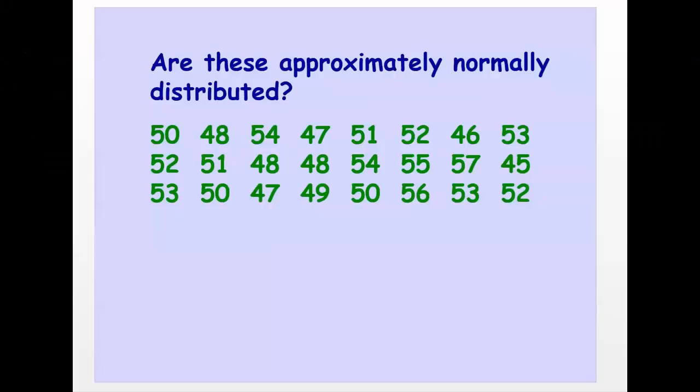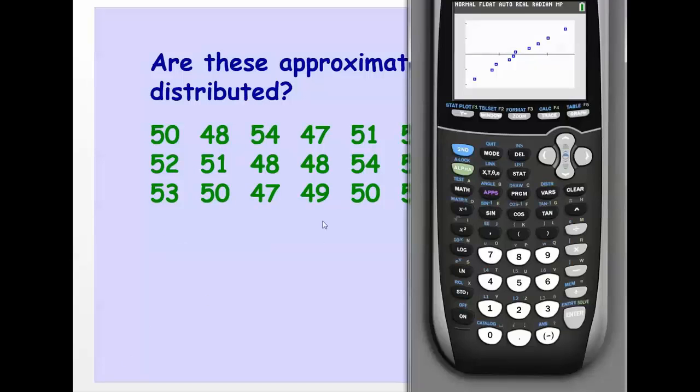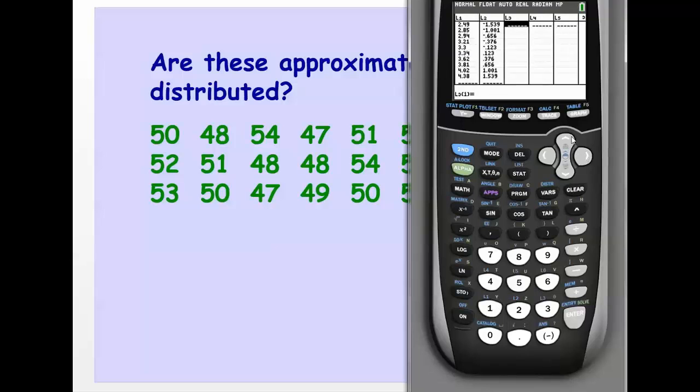So we're going to type in these numbers and go through the hoops to confirm whether or not they're normally distributed. Going back to our calculator, go back to stat list, and this time just go over to list 1.